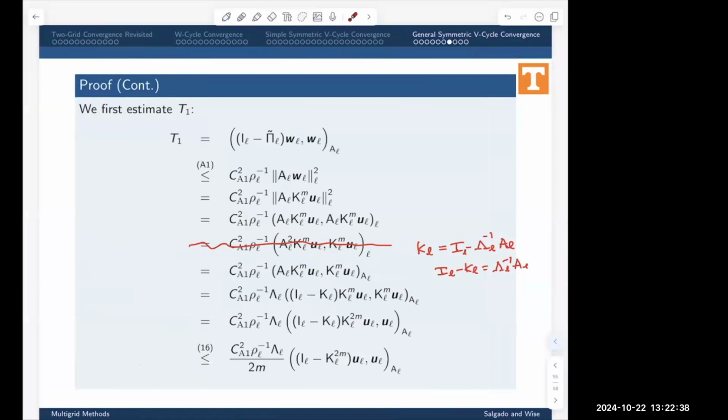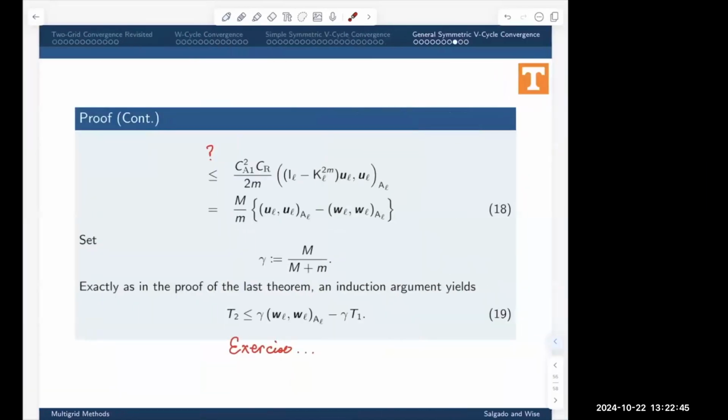So let's recap. We did the approximation property. We did that new telescoping sum property. We have our smoothing property. And then when we do T2, we use the same induction type argument that we used previously to get this.